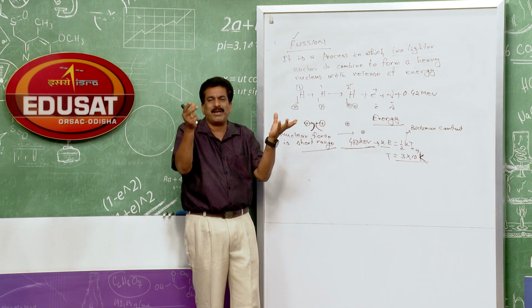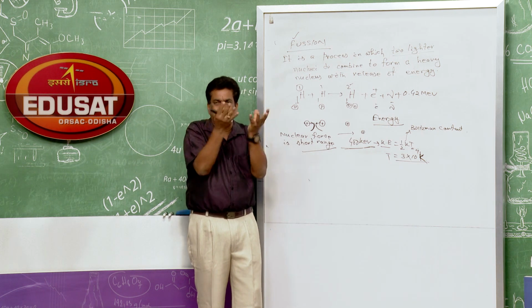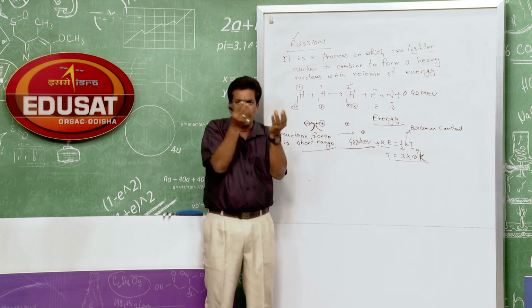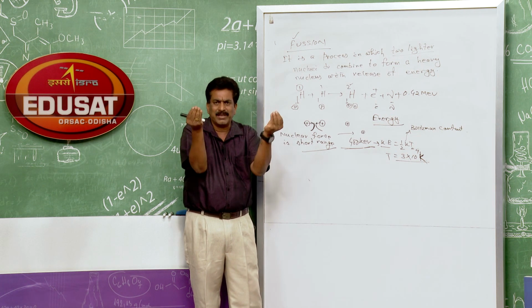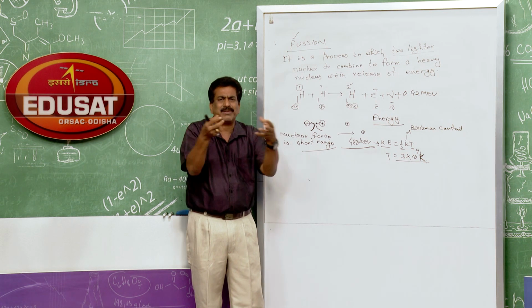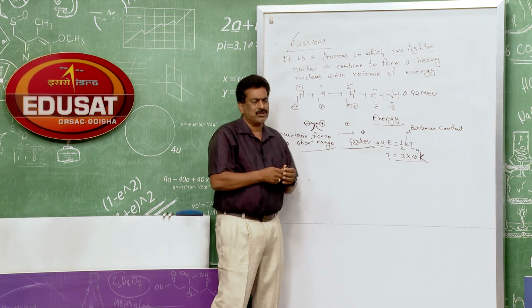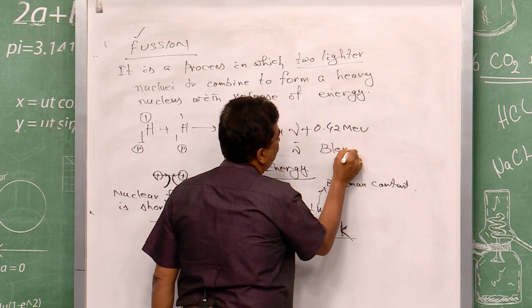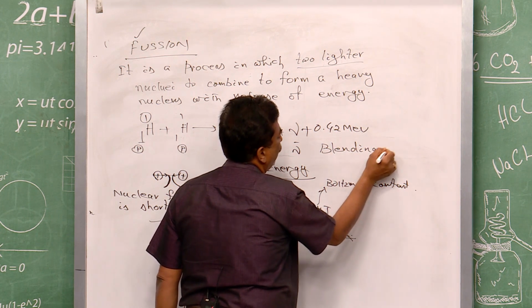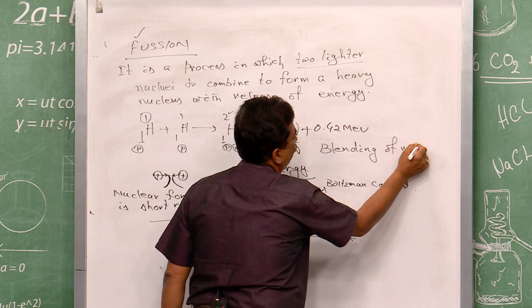When the temperature increases, there is vibration. Due to that vibration, the two lighter nuclei come very near to each other, and during that time there is a chance of their coalition. So at that time it gives the blending of melting.